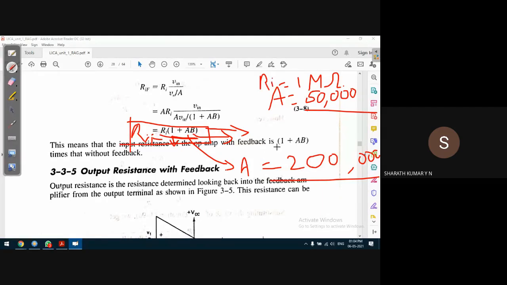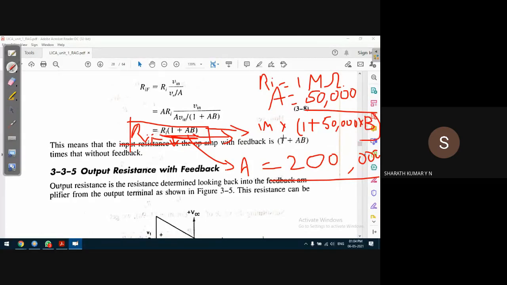So when you calculate this value, it is 1 mega into 1 plus 50,000, the minimum guaranteed gain, into B. B depends on R1 and RF, so I'll take B as it is.